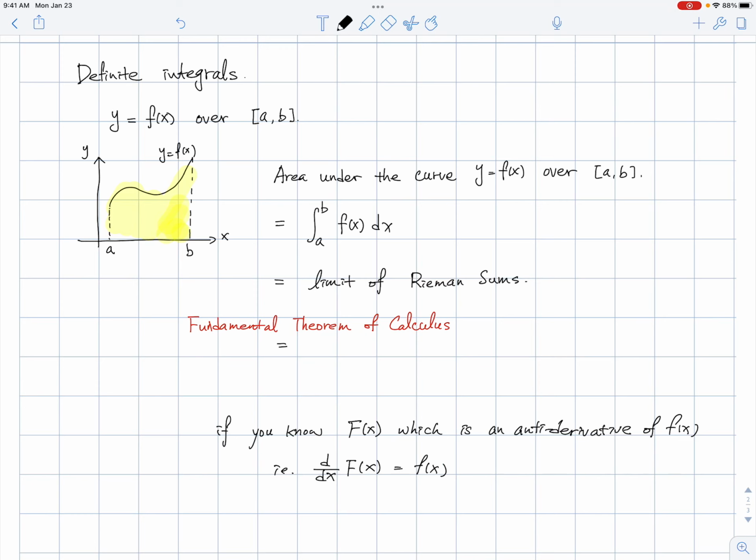Okay, if you know this, then the fundamental theorem of calculus tells you, oh, then don't worry too much.